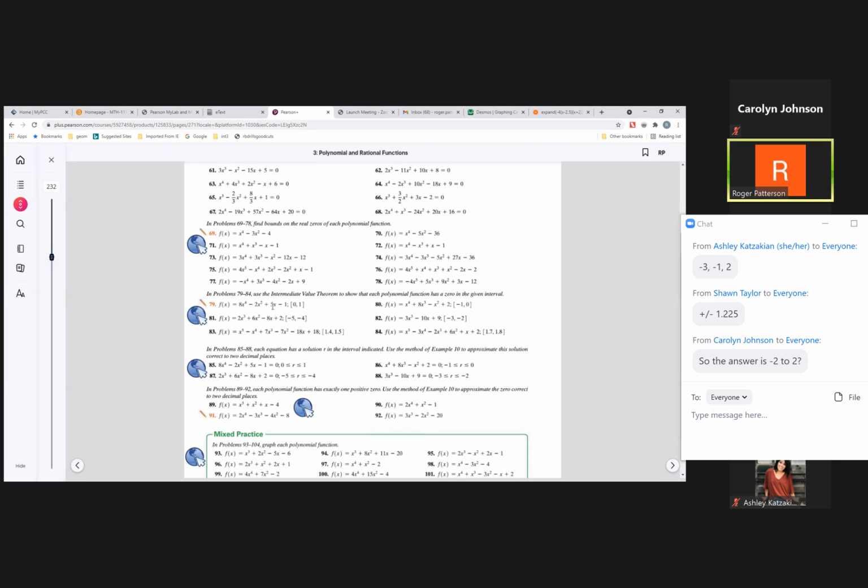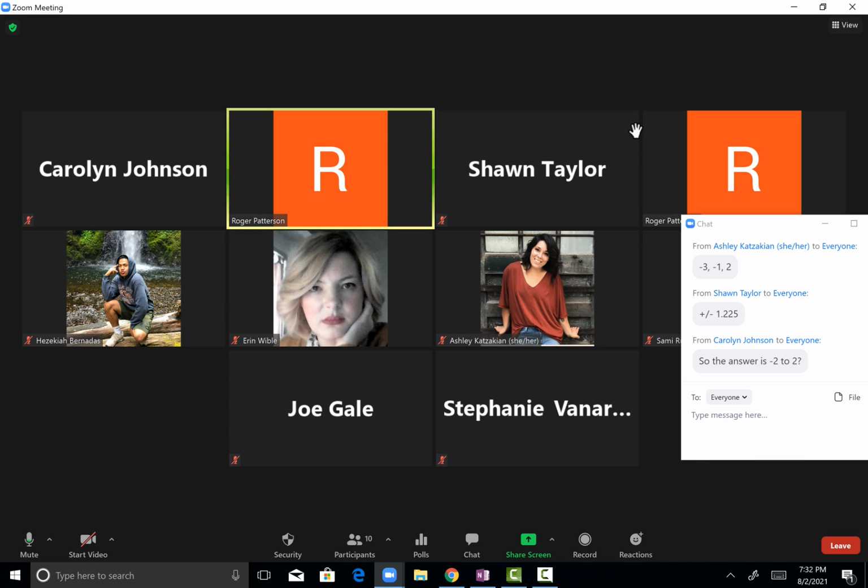Or you can use synthetic division on 0 and then on 1 and see if they're going from a positive to a negative or a negative to a positive. I really don't care which way you do it. You can either graph it or use synthetic division, but that's all you do on that. So that is those ones.